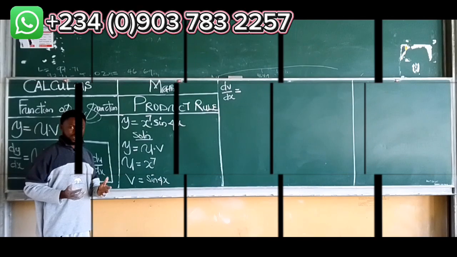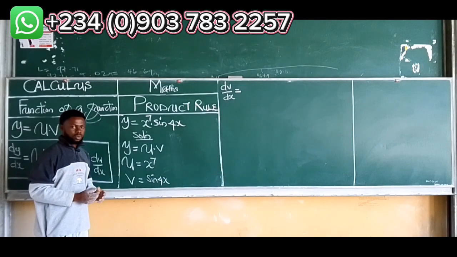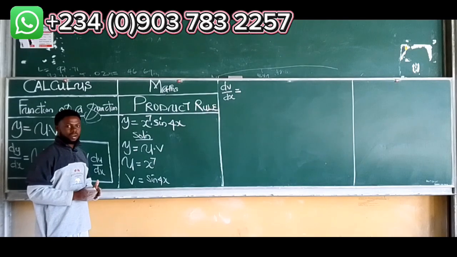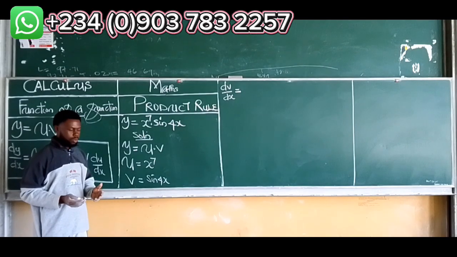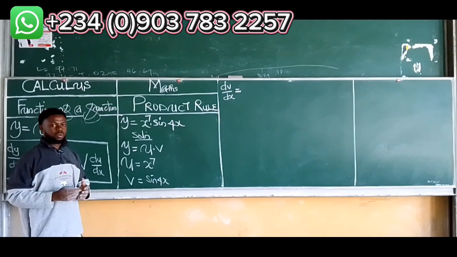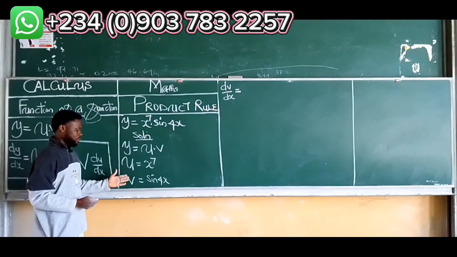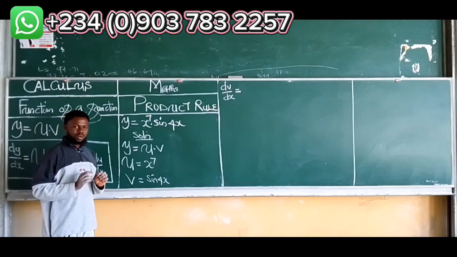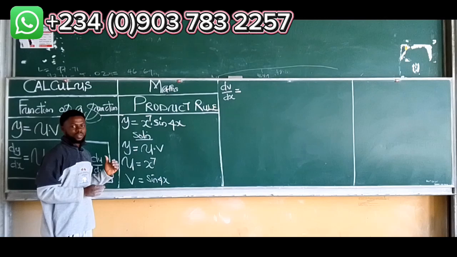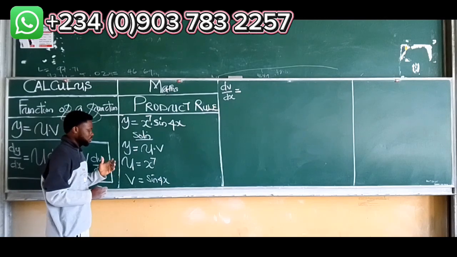In our previous lesson, we discussed how to identify a question under chain rule, some examples of chain rule, and this is one of them. To have a proper understanding, watch the previous video we did under chain rule.